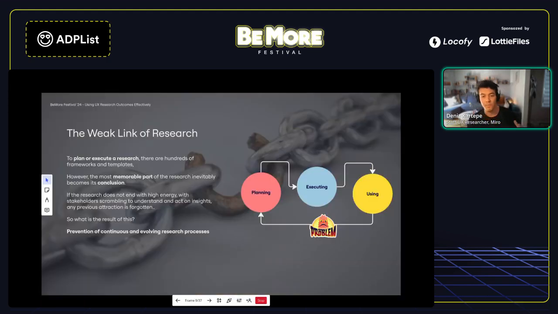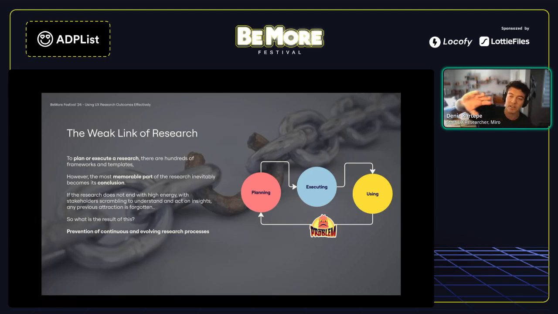So yeah, when we are looking at this, these three steps I said are circular. And then there is this using part and planning part, the end of the circle being connected, causing a problem. So yeah, planning or execution of a research has hundreds of templates, and they are not about the most memorable part of it. So the conclusion just becomes a bit underwhelming.